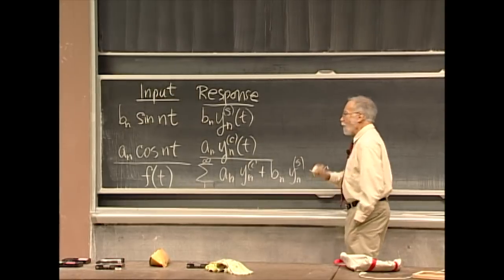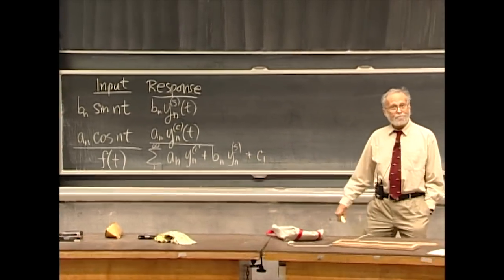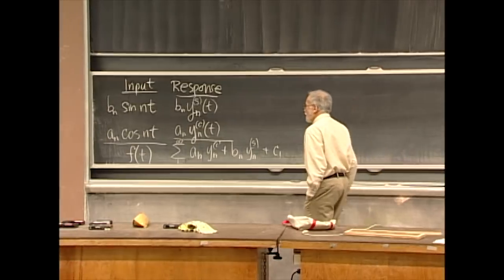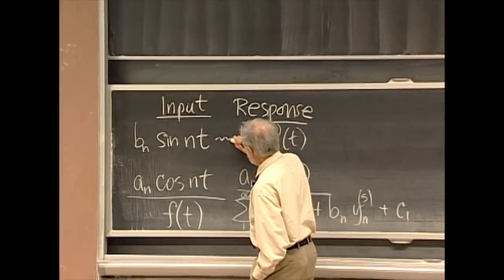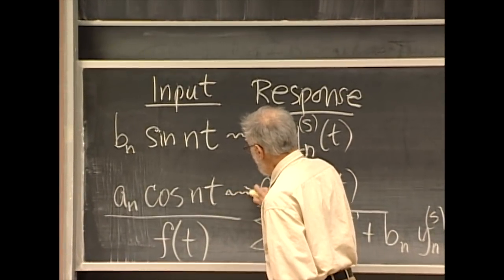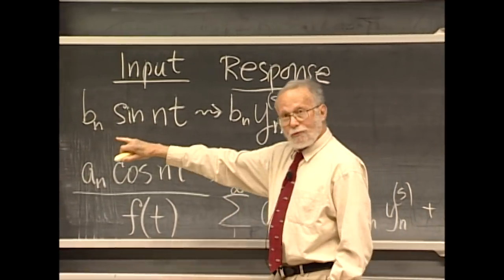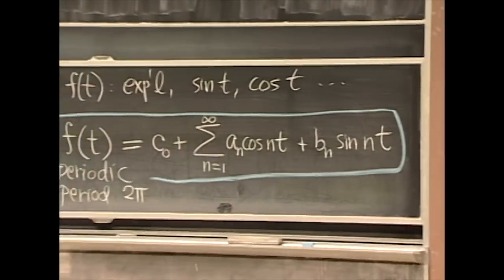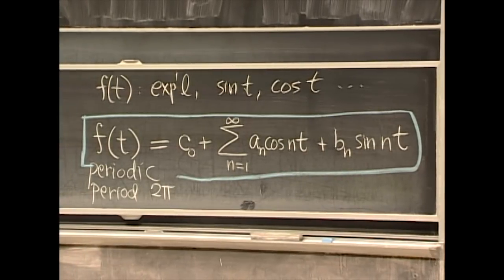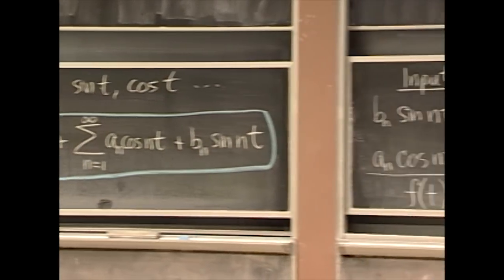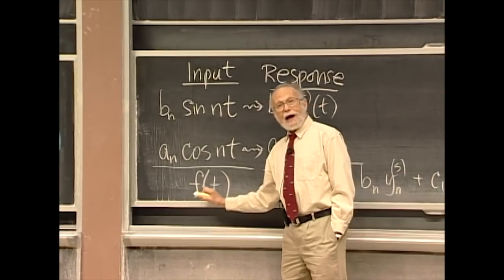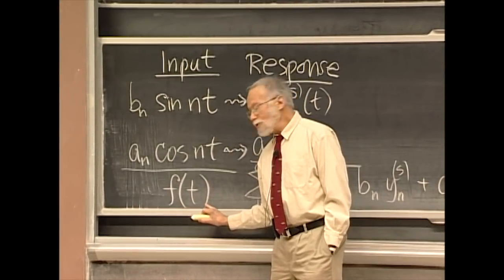Let's just call it C1. So if this input produces that response, and these are things which we can calculate, we're led by Fourier's formula to the response to things which otherwise we would not have been able to calculate, namely any periodic function of period 2 pi.